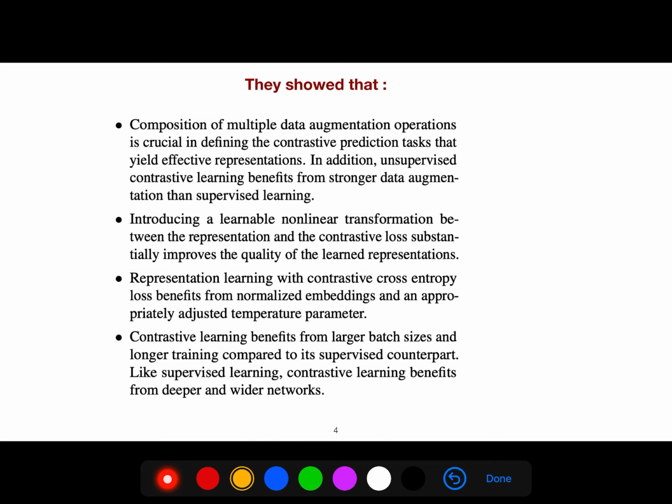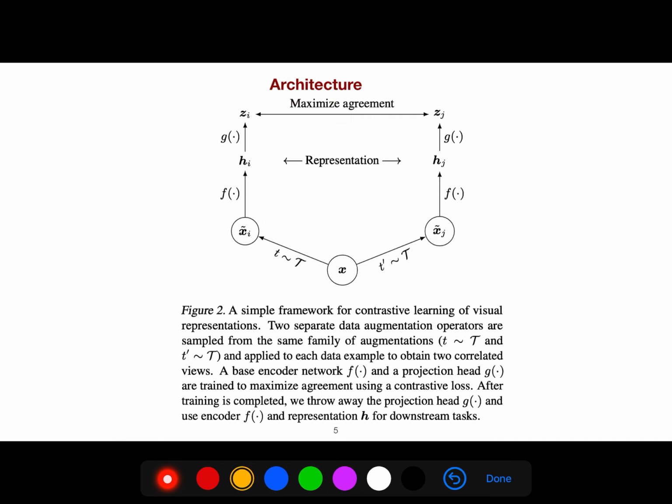And representation learning with contrastive cross-entropy loss benefits from normalized embeddings and an appropriately adjusted temperature parameter. Contrastive learning benefits from, as I said, larger batch sizes and more epochs compared to its supervised counterpart. Like supervised learning, contrastive learning benefits from deeper and wider networks.